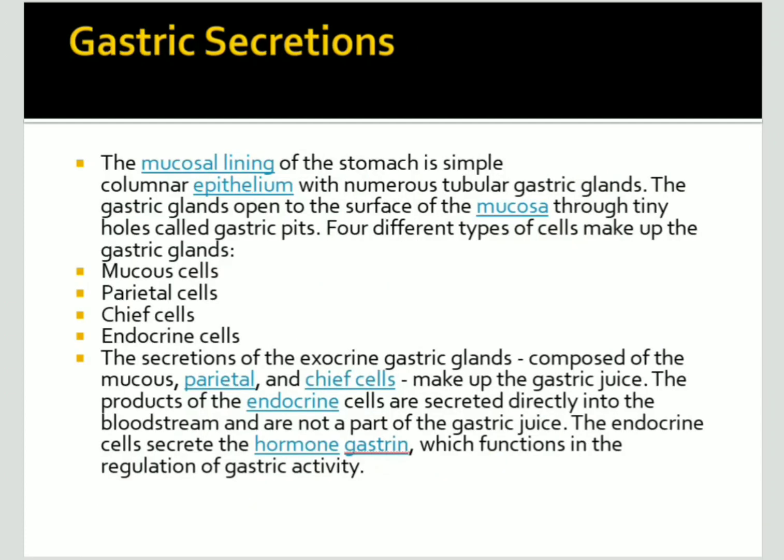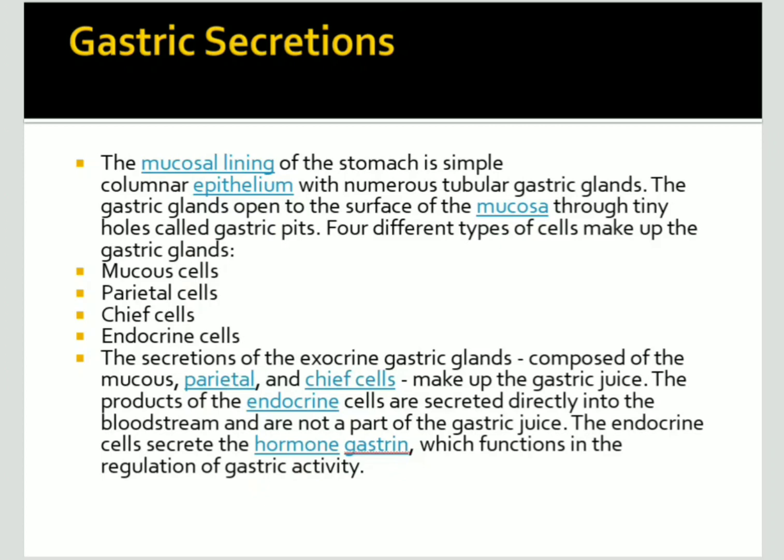Next, gastric secretions. The mucosal lining of the stomach is simple columnar epithelium with numerous tubular gastric glands present. The gastric glands open to the surface of the mucosa through tiny holes called gastric pits. Four different types of cells make up the gastric glands: mucus cells, parietal cells, chief cells, and endocrine cells. The secretions of the exocrine gastric glands, composed of mucus, parietal, and chief cells, make up the gastric juice.